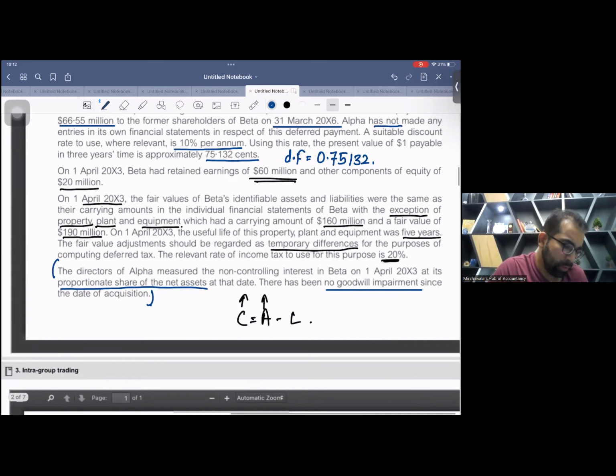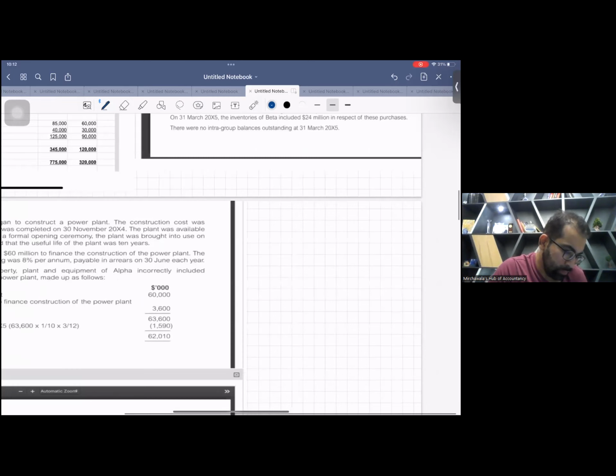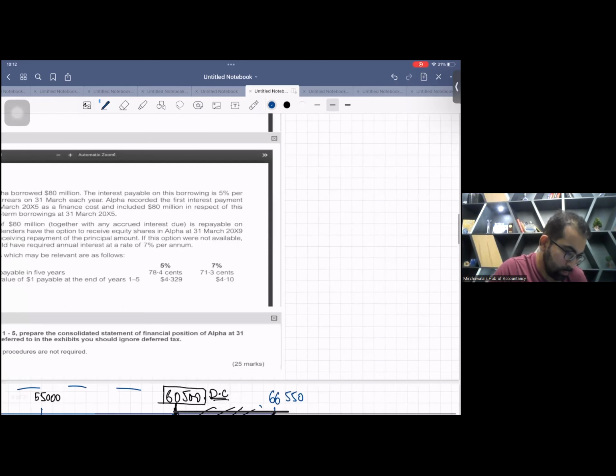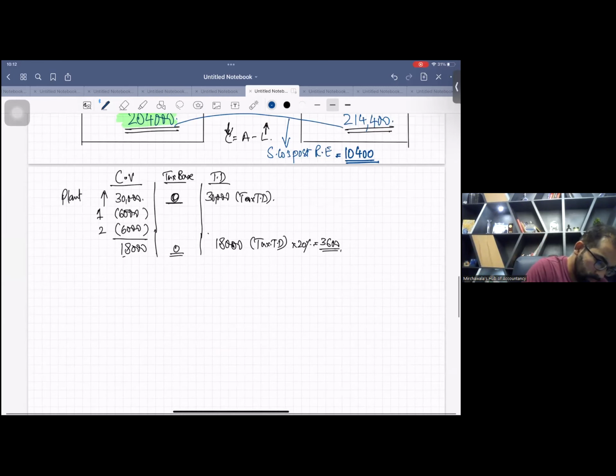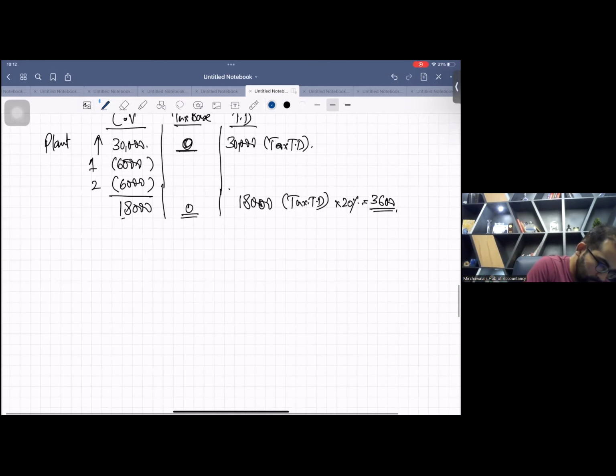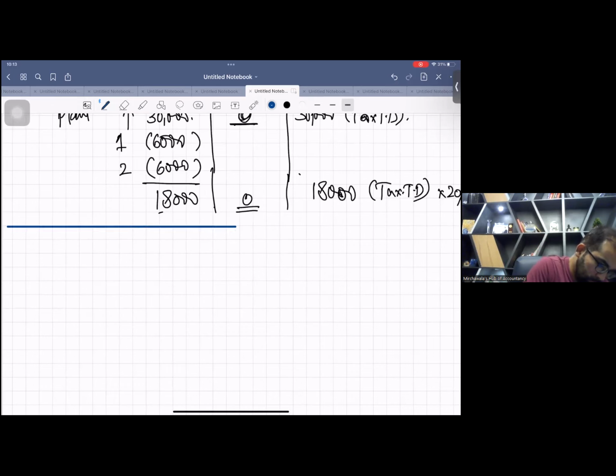Let me calculate goodwill for you. The cost of investment: the first one is cash consideration, 160,000.